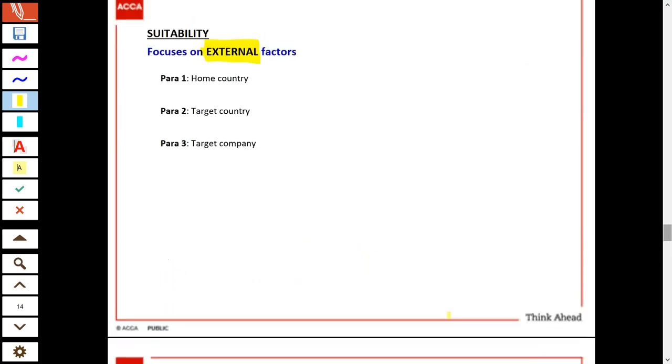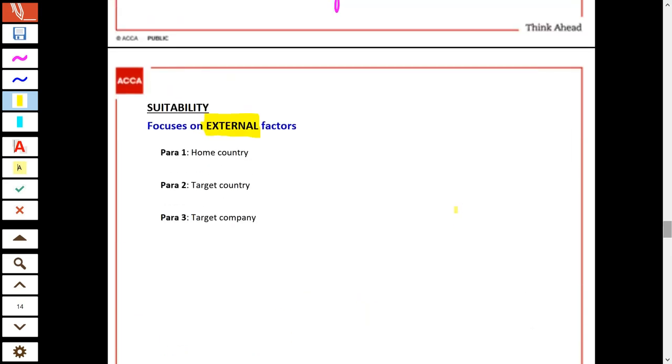Okay, external factors are obviously factors which are external to the organization, like PESTLE: political environment, economic environment, social, ecological, technological, legal. Even Porter's 5 forces is an external thing, like any information about customers, any information about suppliers, any information about competition. All these external information, these are covered under suitability. Okay, so suitability talks about external aspects of the proposed option.